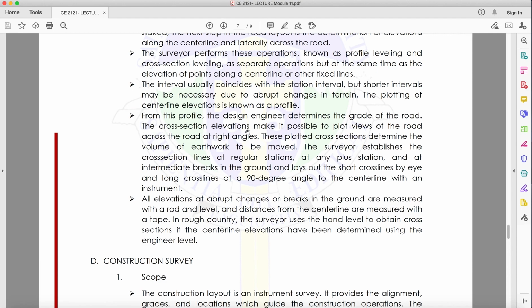The cross-section elevations make it possible to plot views of the road across the road at right angles. These plotted cross-sections determine the volume of earthwork to be moved.